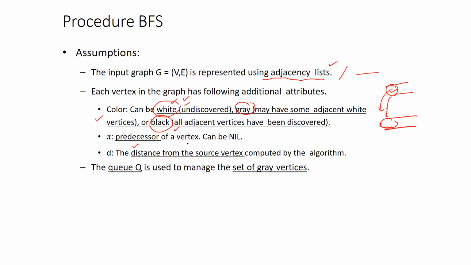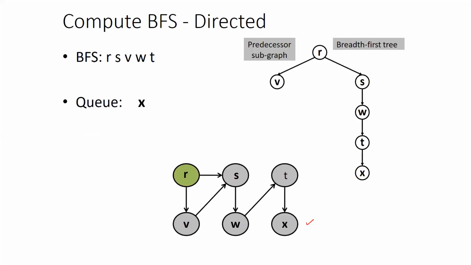Then there is the predecessor of the vertex. Predecessor means the node because of which it has entered into the queue. Like in this example, with respect to the W node, when W comes out of the queue and its adjacent vertex is entered into the queue, and that is T, what is the predecessor of T? That is W, because of W it has entered into the queue.